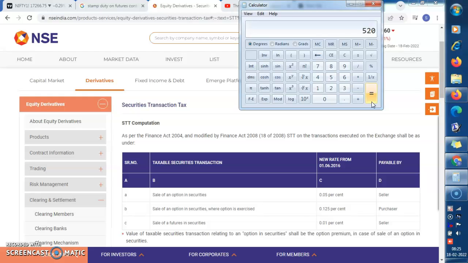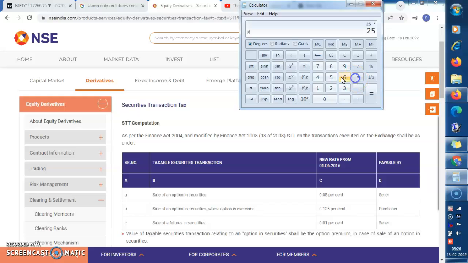Suppose I have a stop loss of 50 rupees for one trade. 50 into 50 is 2,500. Now instead of keeping this stop loss, I am going to reduce it, and say I will keep a very humble 25 rupees stop loss.